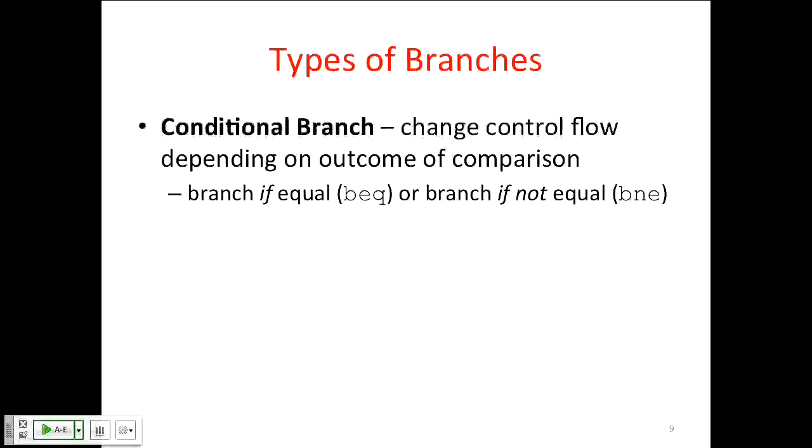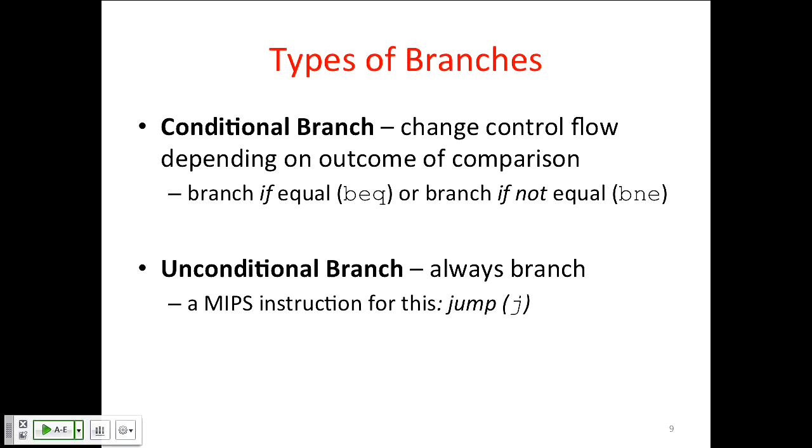Just said there's 2 of those, branch if equal, branch if not equal. There's also unconditional branches. And these are where you always go to the other location. So always jump to a label, right? And in the MIPS, the mnemonic for that is just a J for jump, right? So just always go to this other place. You'll see how then when you're writing code, you'll need this to just jump over stuff in the program.